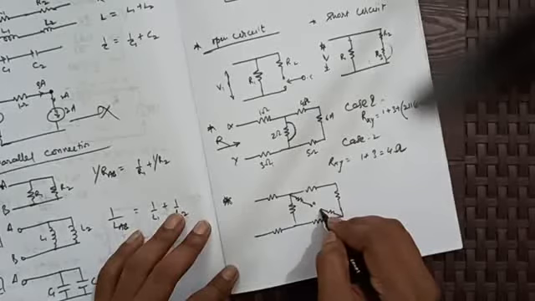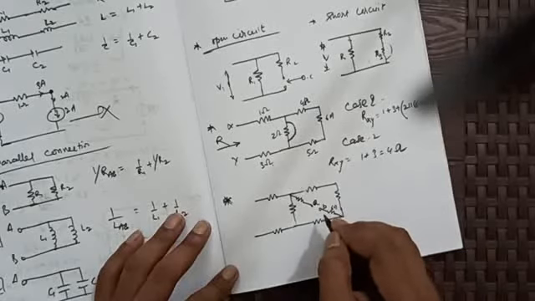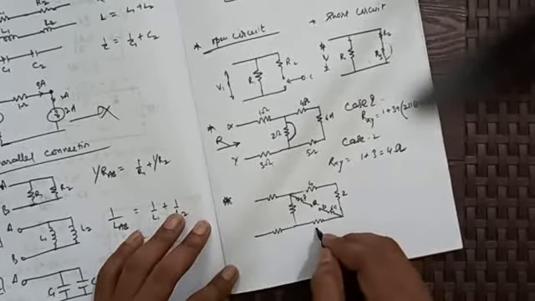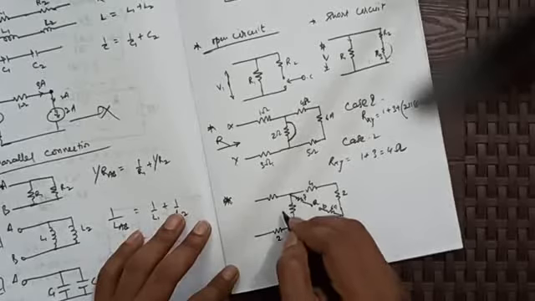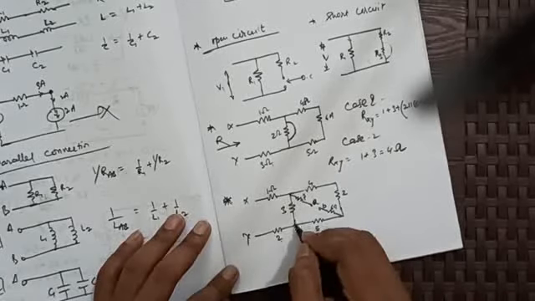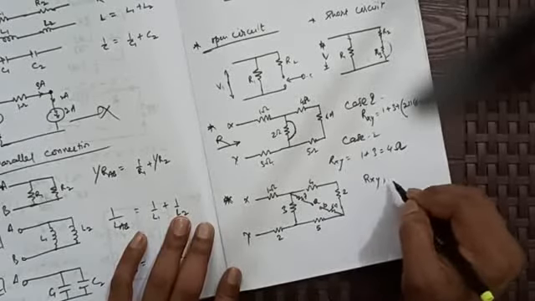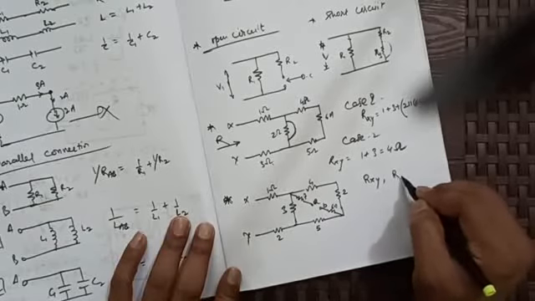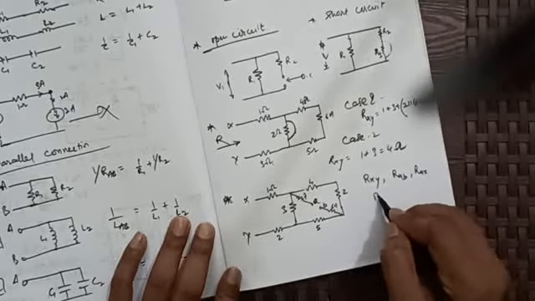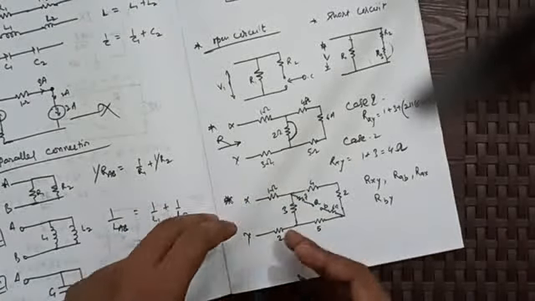This point is A, this point is B, 6 ohm, 7 ohm, 4 ohm, 2 ohm, 5 ohm, 2 ohm, 3 ohm, 1 ohm, and this terminal is XY. Now find RXY, RAB, RAX and RBY. Clear?